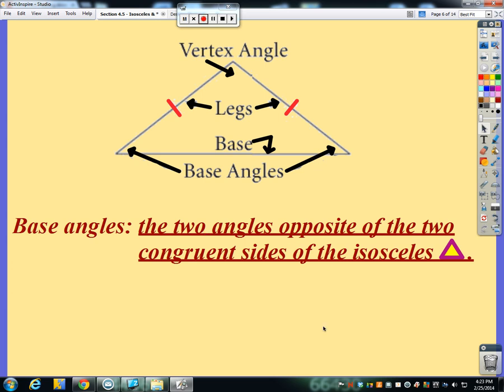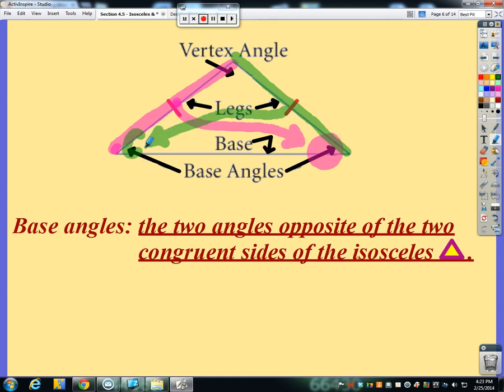They're the 2 angles that are opposite of our 2 congruent sides, which will play an important role of that location. So for example, if here's one leg, then the angle that is on the opposite side of that side, this is one base angle here. And then if we were to look at our other congruent side of our isosceles triangle, the angle that's opposite of it is our other base angle.